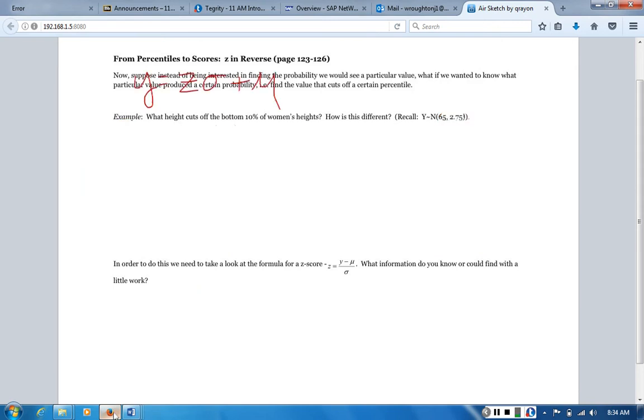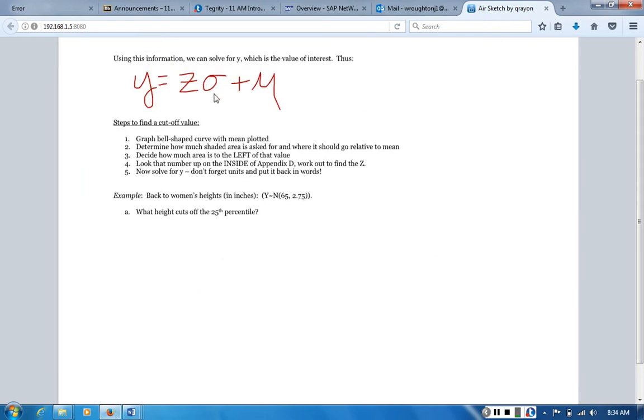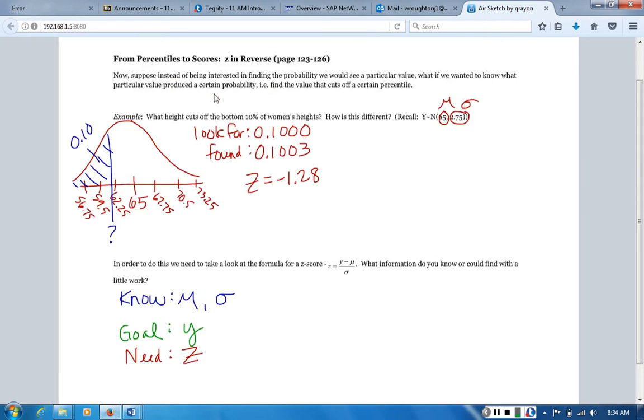Once I have that number, I'm just plugging that into my formula that I have here. So really, the work on these questions is in finding your z, because now if I know that y is z times sigma plus mu, I already know my z now, I already know mu, and I already know sigma.